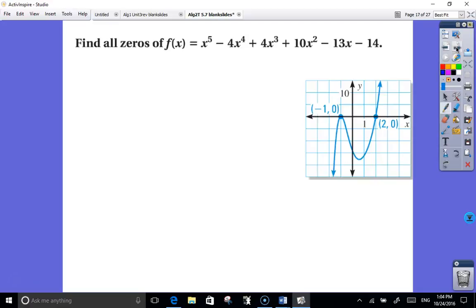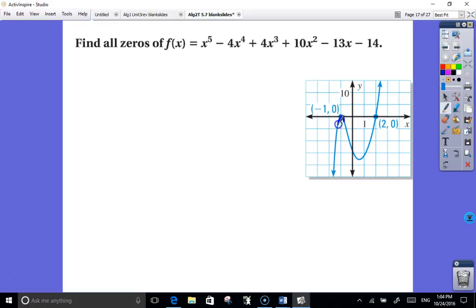So on this one, I'm not going to run through this whole problem, but it says find all the zeros of this function. Okay, well, how many zeros can you see on the graph? But one of them is repeated, right? Which one of them is actually repeating? How does it look on the graph when it's coming from a factor which is squared?